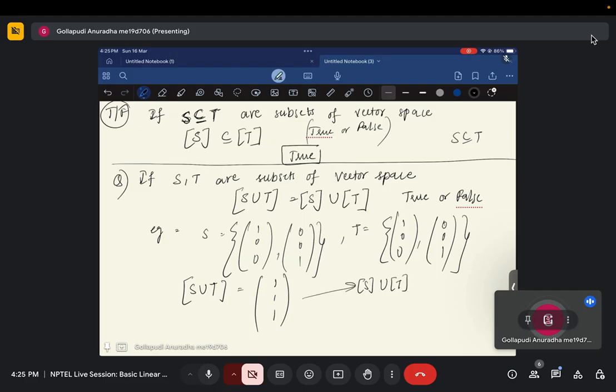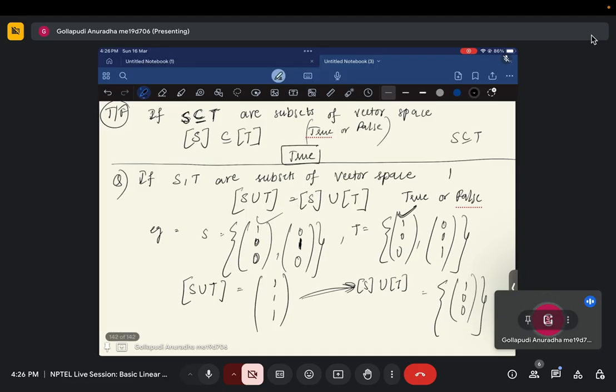So S union T will only have this as common. Oh, I'm sorry, just take this example. Okay, so we have only this as common, so this doesn't come in this. So it's not true all the times. We have some examples where these conditions can be false, so this is going to be false.